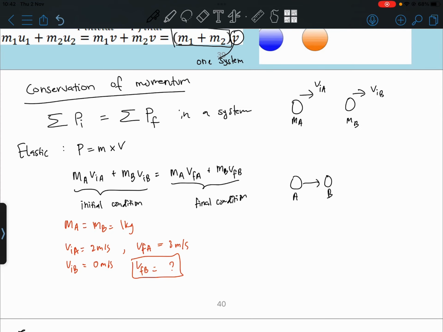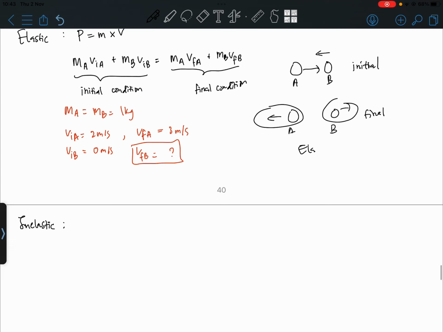For example, if A is moving to the right and B to the left in the initial condition, finally this will move to the left and this will move to the right. This is an example of the final condition. So they move in different directions, but this is for elastic.